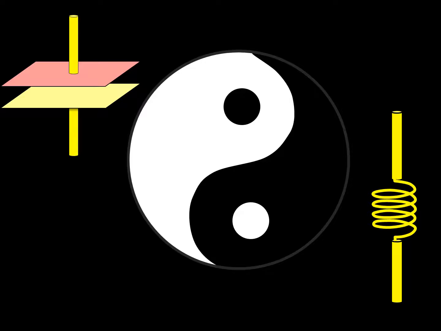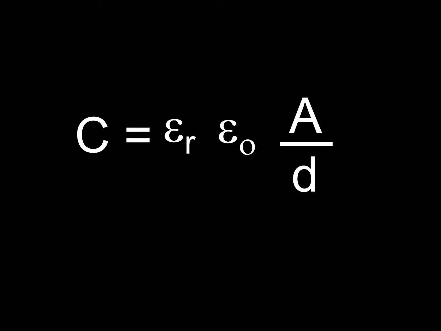That is, to think of them as the yin and the yang. Hence, I will start with the formula for capacitance that we have introduced in prior talks. I hope you remember this formula from the prior video, but if you don't, you can just look at it in this frame.